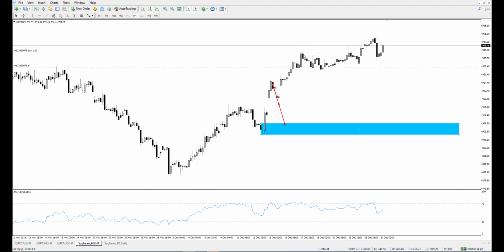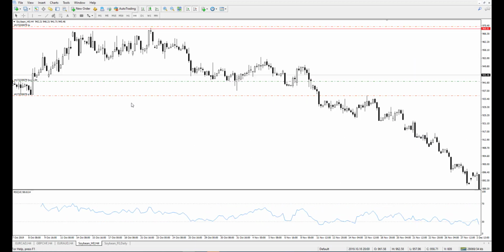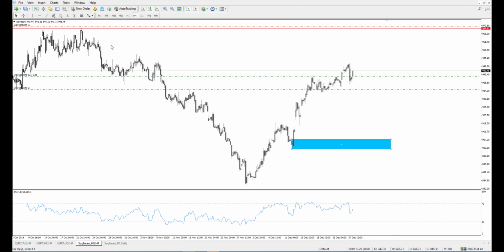If you're going to use it for a sell, I don't have enough data on here. Let me just squeeze it. Let's say for example this is my supply zone. If this is my supply zone, how do I use the divergence?